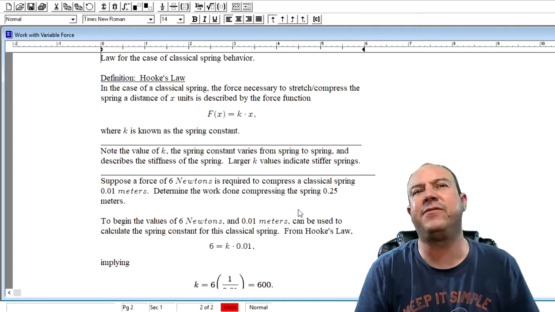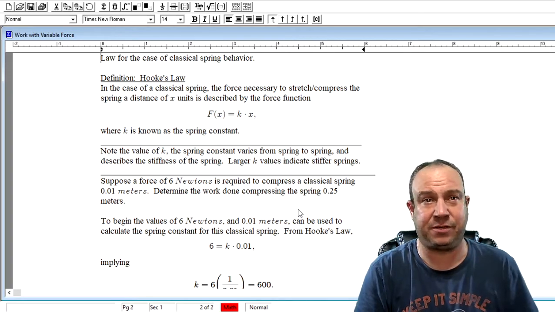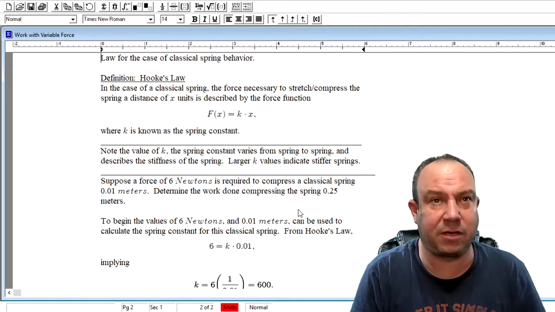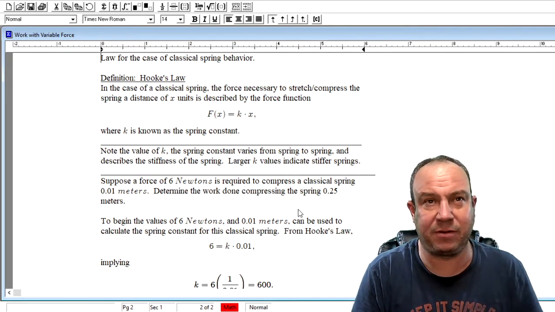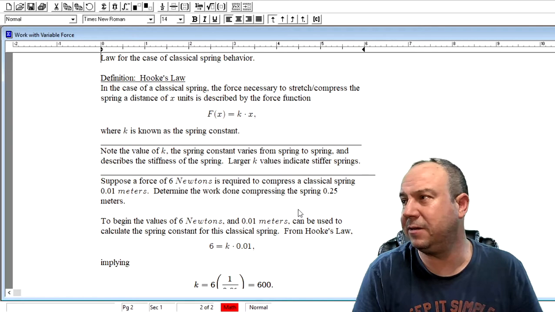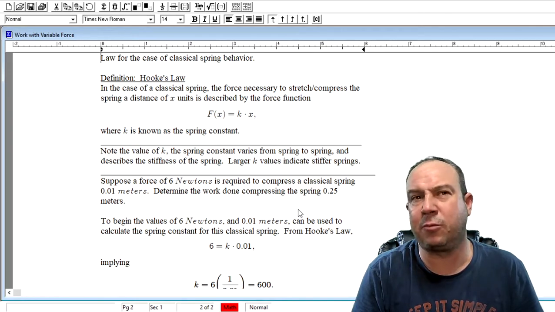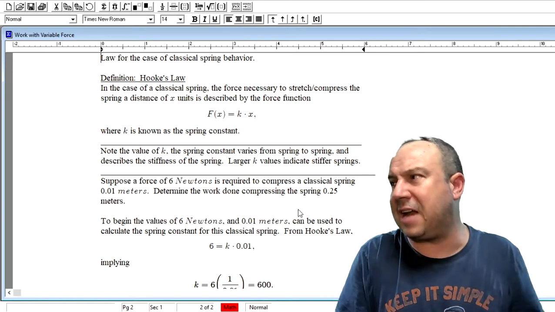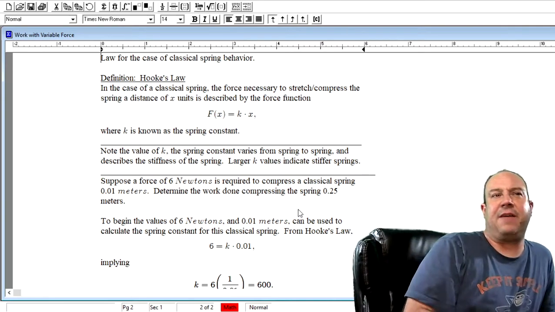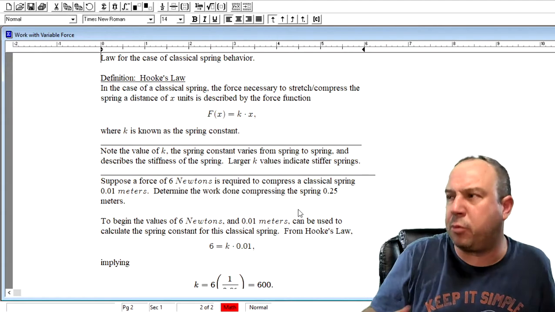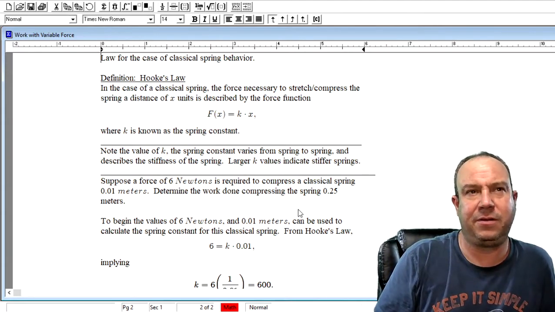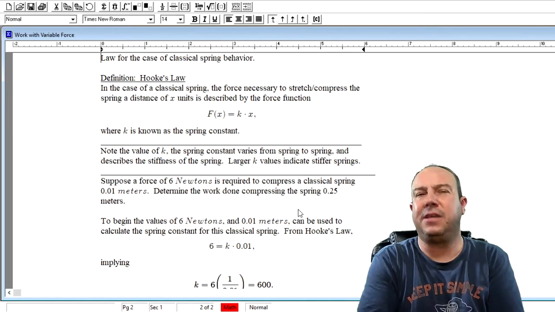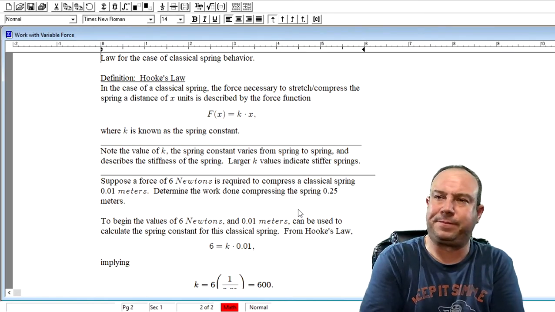Maybe it behaves in a square function fashion, or maybe in an exponential or a log behavior. Maybe we see logarithmic growth in the force. There's a lot of different descriptions we could have for some sort of springy behavior. But in a classical spring, it's defined by Hooke's law.